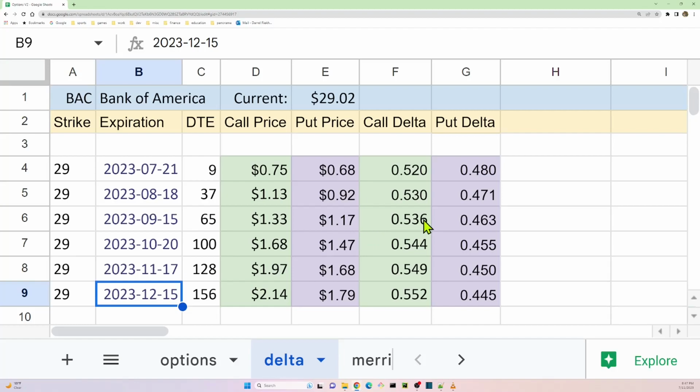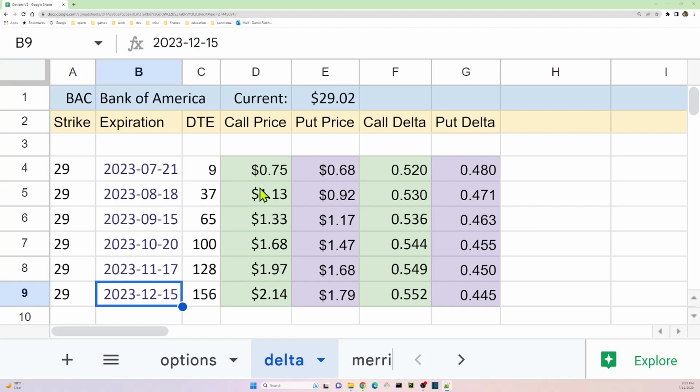The puts agree with this assessment. They're telling you that there's only a 48% chance of it being below 29 on July 24th, and only a 44.5% chance of it being below 29 on December 15th.